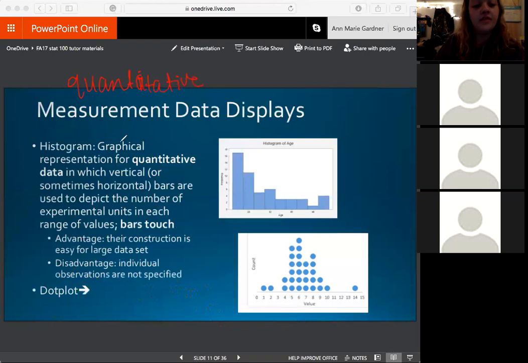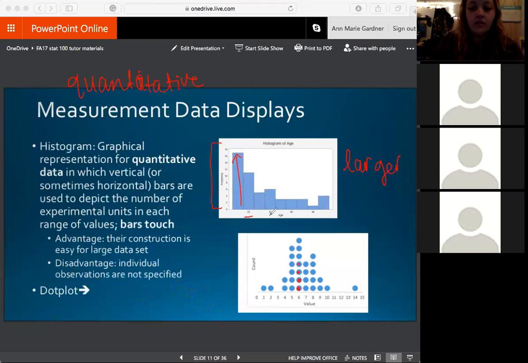The different ones that we talked about definitely were our histograms and dot plots. Remember, histograms are usually used for larger data sets, because we can have really any amount in these bars and represent it in a smaller space, while on the dot plot, each sample is represented by a dot, so we couldn't have a million of these in here, when theoretically we could do that on a histogram as long as our scale is able to show it.